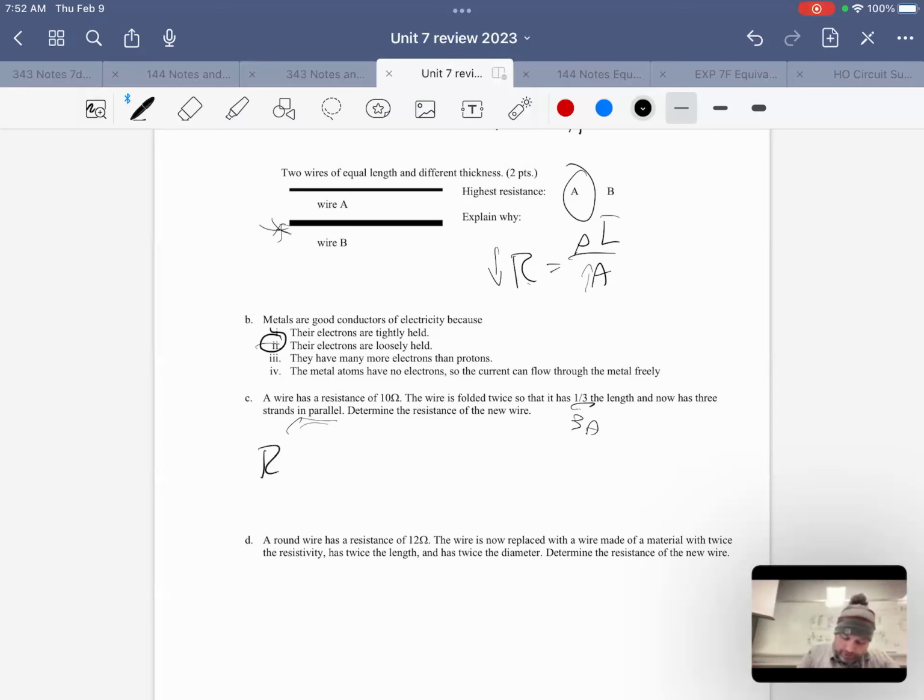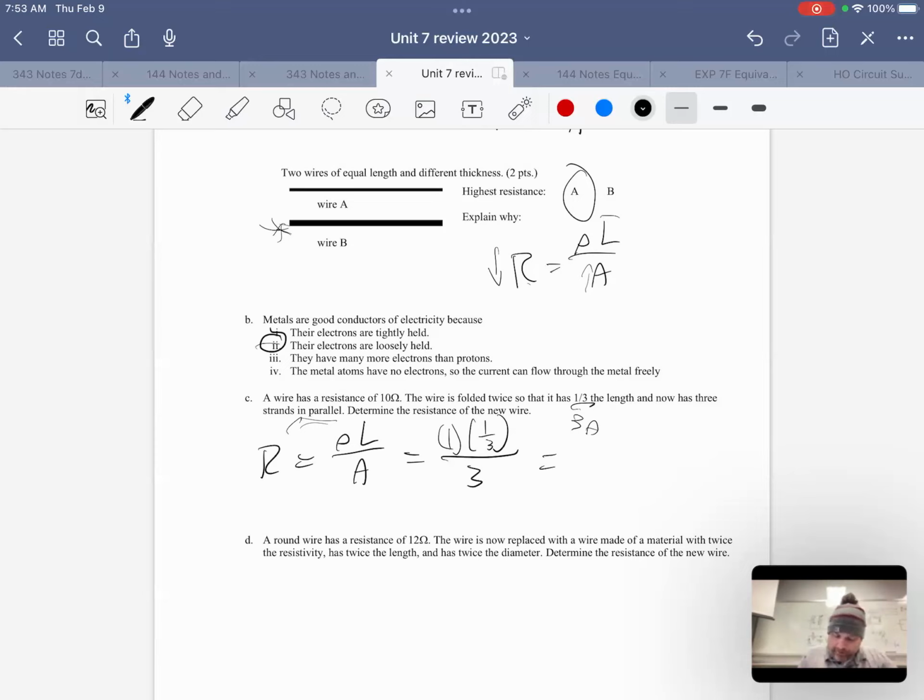Well, again, resistance is the resistivity times the length divided by the area. If I don't change the resistivity, I'll leave that, maybe I'll make that a 1. Length is now 1/3 what it was, but the area is triple what it was.